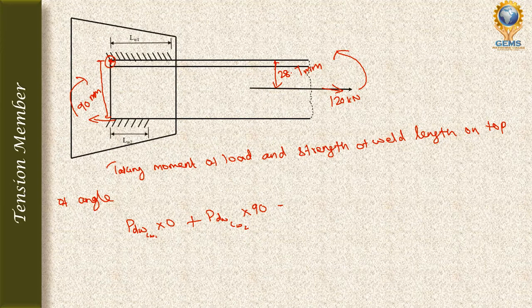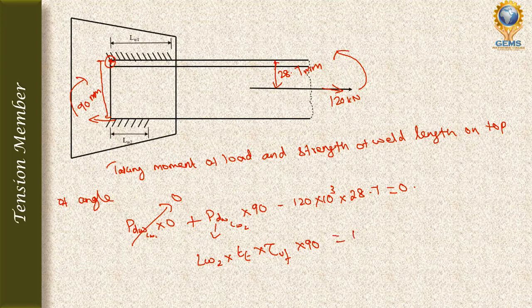So minus 120 into 10 to the power 3 into the distance 28.7 is equal to 0. So this term will come as LW2 into TT into tau Vf into 90 is equal to 120 into 10 to the power 3 into 28.7.